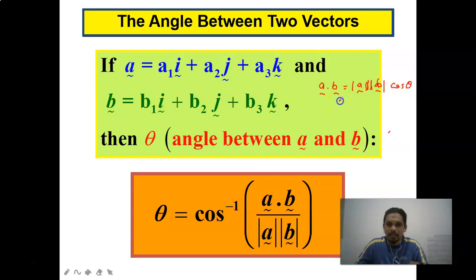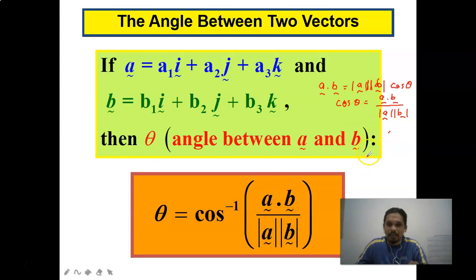So then cos theta equals A dot B divided by modulus of A multiplied with modulus of B.